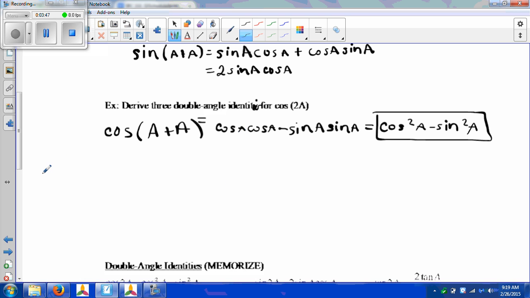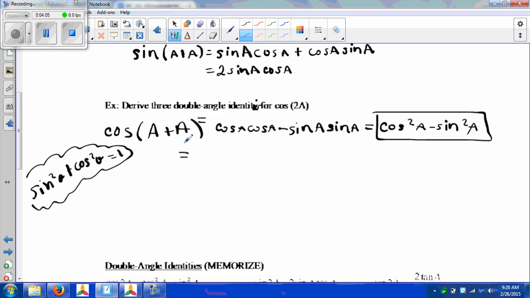All right, so let's continue with the cosine, starting with this one, and we're going to use the Pythagorean identity, sine squared theta plus cosine squared theta equals 1. We're just going to remember that, and solve it for whichever trigonometric function we need. So first I'm going to replace cosine squared with 1 minus sine squared.